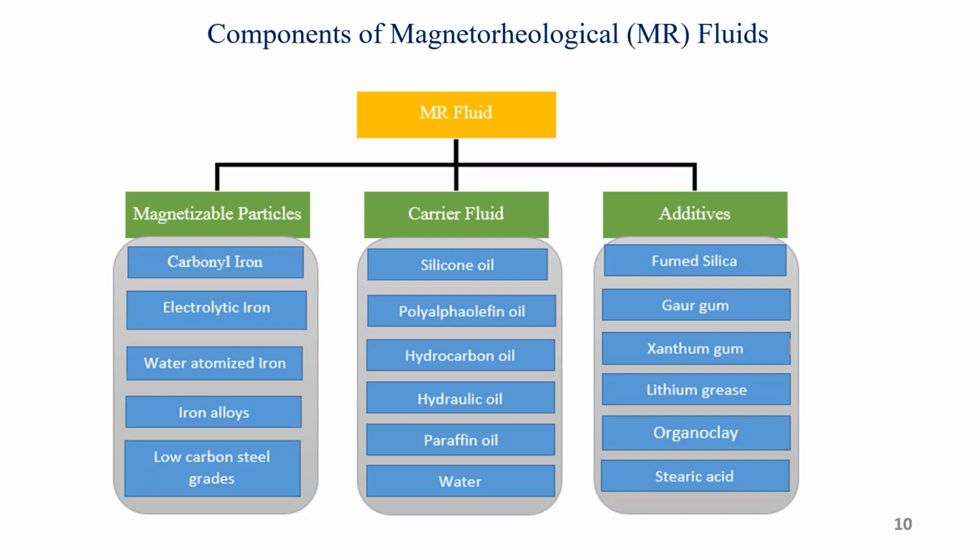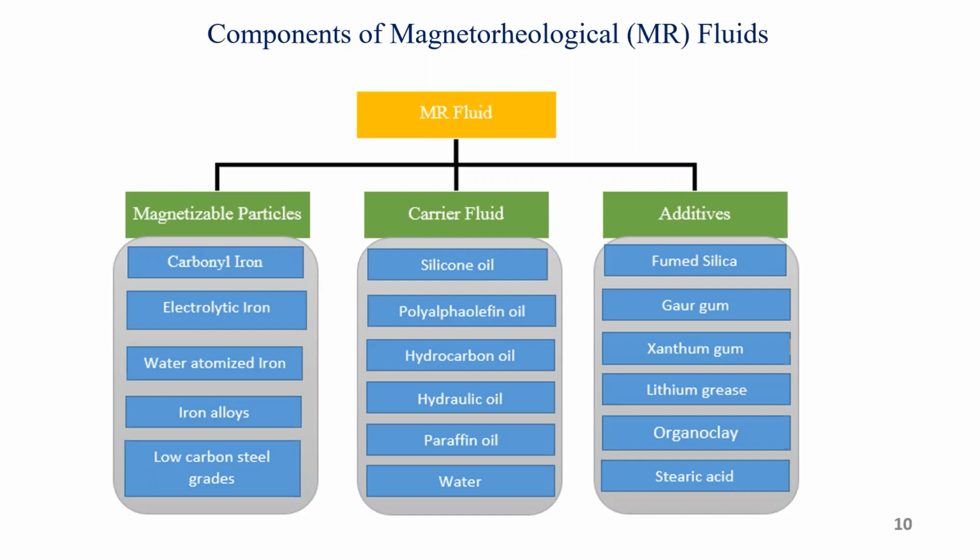Silicon oil, hydrocarbon oil, hydraulic oil, paraffin oil are used as carrier fluids. Water is rarely used because its boiling point is only 100. All these oils are synthetic oils and they are not biodegradable. Then we have made some mixtures using very little silicon oil and other biodegradable oils like coconut oil, sunflower oil, castor oil.